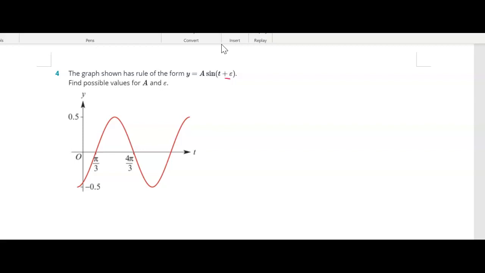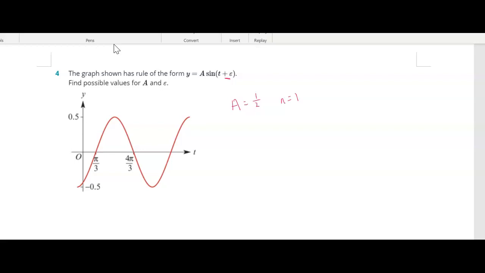Okay, so for this one, let's first of all do the amplitude because that's the easiest thing. So our amplitude is just a half. So I'm going to write that as a fraction because I prefer fractions, but you can write it as 0.5 if you like. We don't have to worry about the period. It's already done the period for us. So our period for this one is 2 pi, or our value of n is 1.